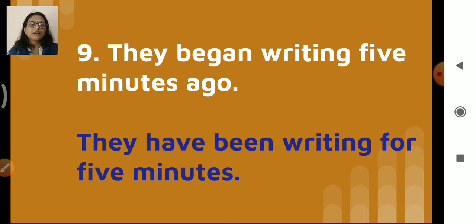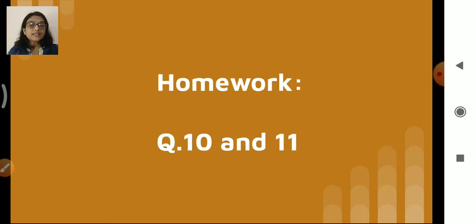Followed? If you have followed this exercise, this is the homework for you: question number 10 and 11. You have to do it on your own. When a specific point of time is mentioned, we will be using since. And if we have to calculate the duration of time, for is used.